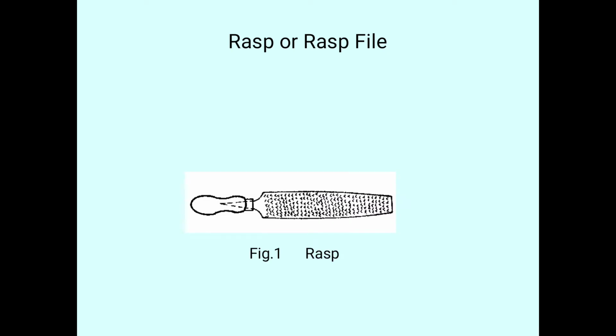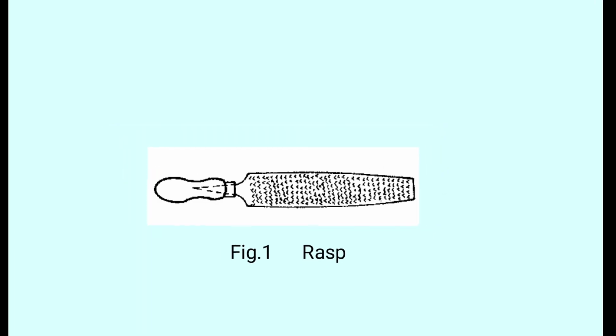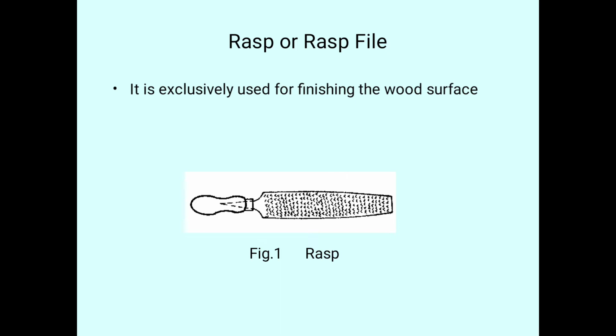First one is the rasp or file. You can see here the diagram of a rasp or file. It is exclusively used for finishing the wood surface.